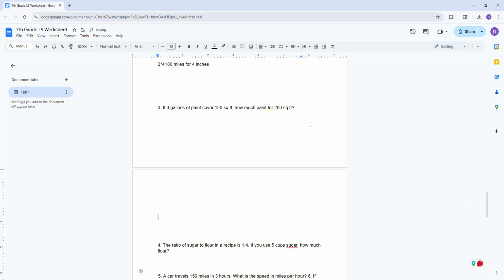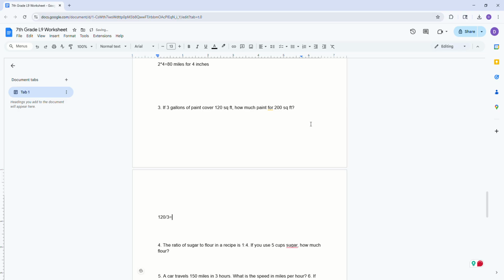Number 3 is asking us if 3 gallons of paint cover 120 square feet, how many gallons of paint for 200 square feet? This is really similar to ratios. We divide 120 square feet by 3 gallons of paint to see how many square feet each gallon covers.